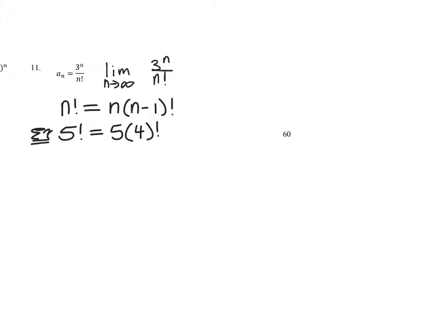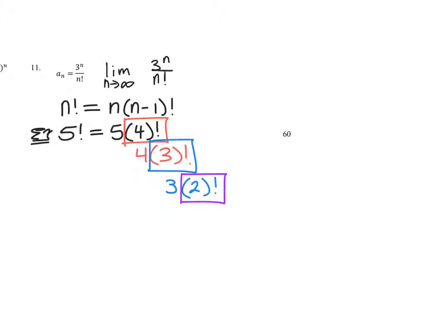Now that 4 factorial would be the same as 4 times 3 factorial. That 3 factorial would be the same as 3 times 2 factorial. And the 2 factorial would be the same as 2 times 1 factorial, but 1 factorial is just 1.